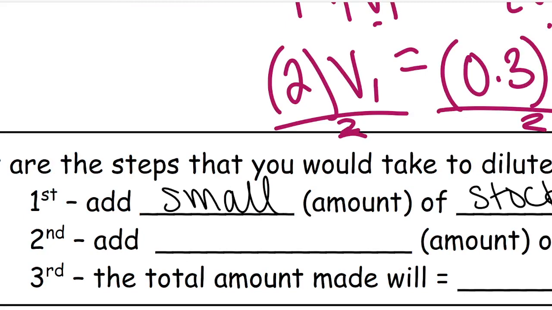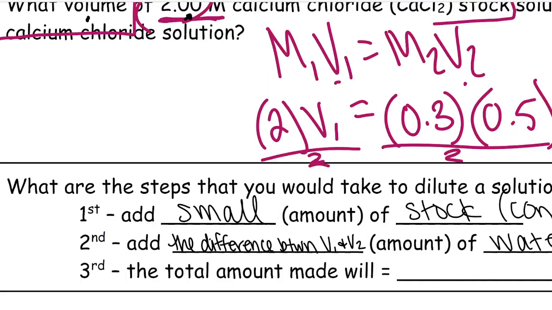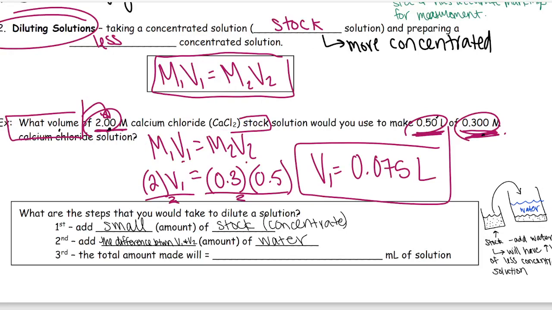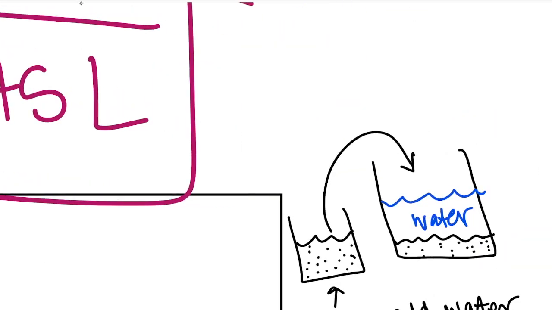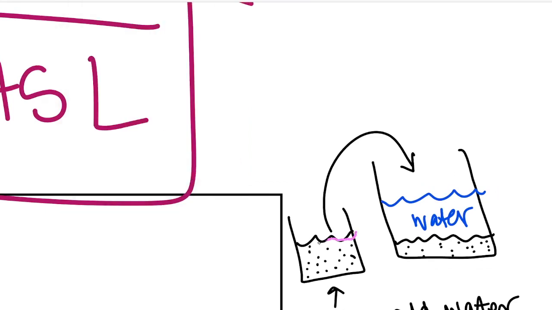You can just put that, you can say difference there, but I just wanted to be specific in my notes. So add the difference, add that amount of water. The way that works is that your volume 1 would be this volume right here, so that's my volume 1.